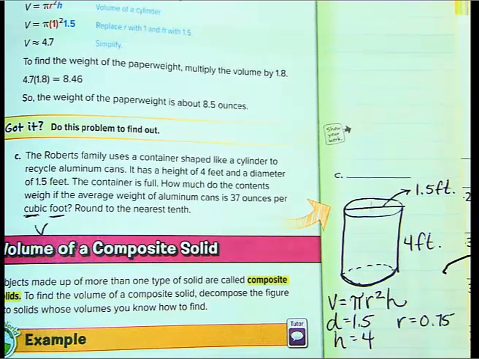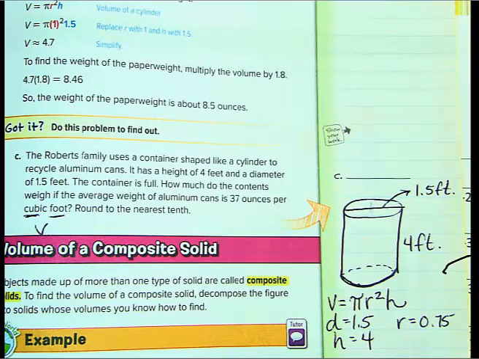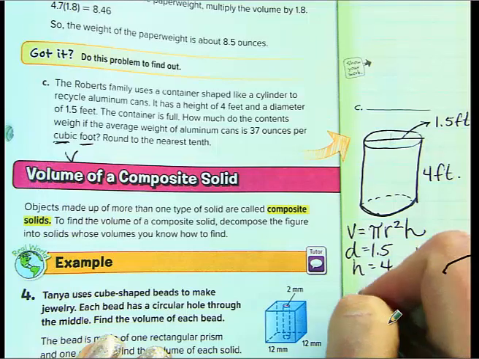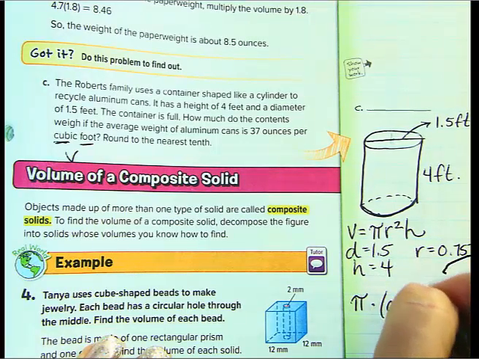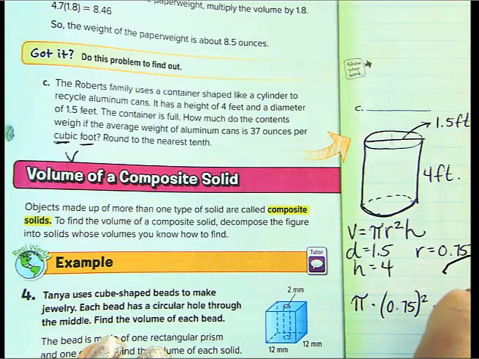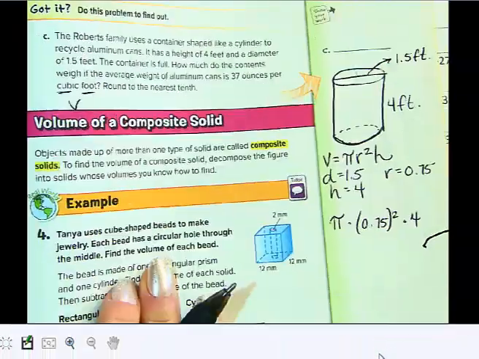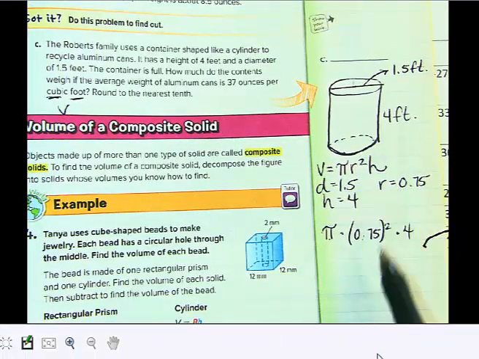Okay? So what I'm actually doing is I am taking pi times 0.75 squared times 4, because it's pi times radius squared, my radius was 0.75, times 4, my height.